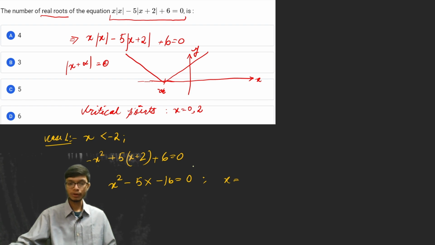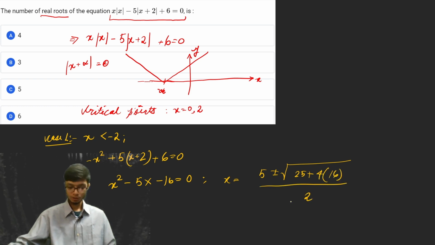If I use the quadratic formula, I will get x as 5 plus minus root under 25 minus of minus, that is plus 4 times of 16, and whole divided by 2. So with this I will get the roots as 5 plus minus root under 89, since 25 plus 64 is 89, divided by 2.